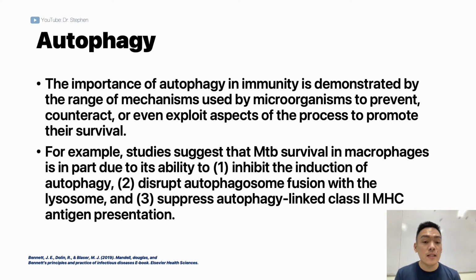For example, studies suggest that MTB survival in macrophages is in part due to its ability to first, inhibit the induction of autophagy, second, disrupt autophagosome fusion with the lysosome, and third, suppress autophagy-linked class 2 major histocompatibility complex antigen presentation. And much remains to be learned about how autophagy mediates your innate and adaptive immune responses that are also intrinsically linked to homeostasis.